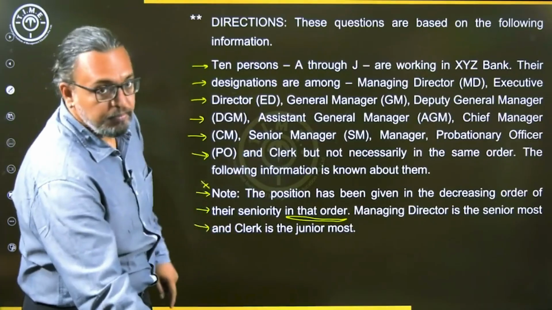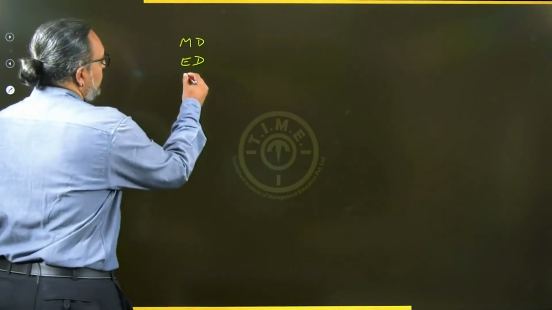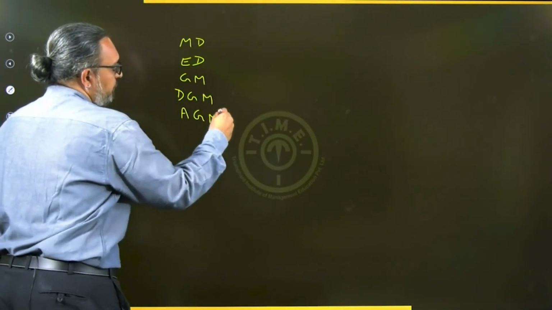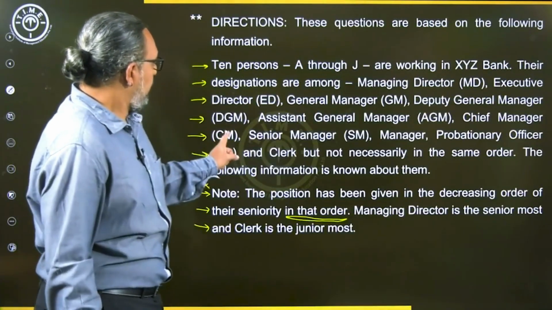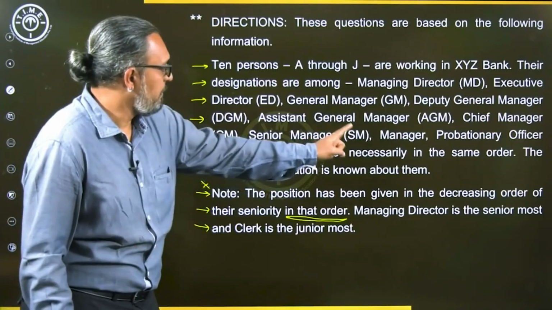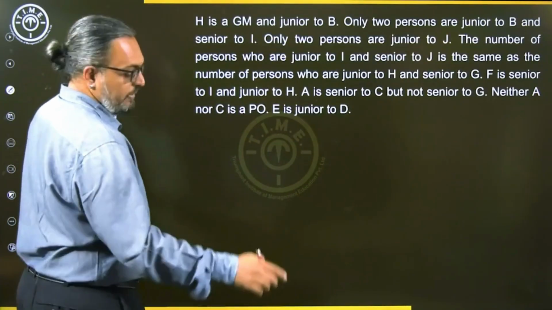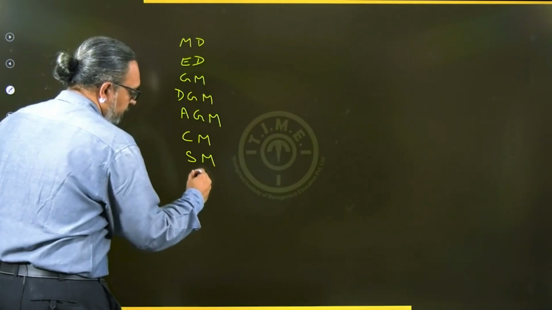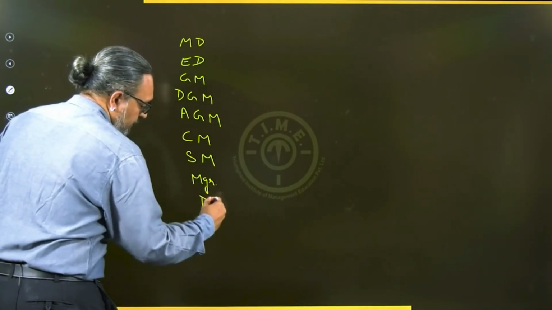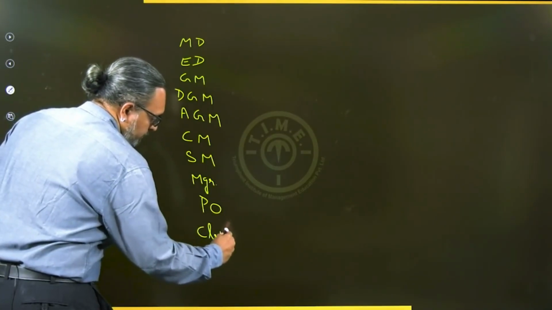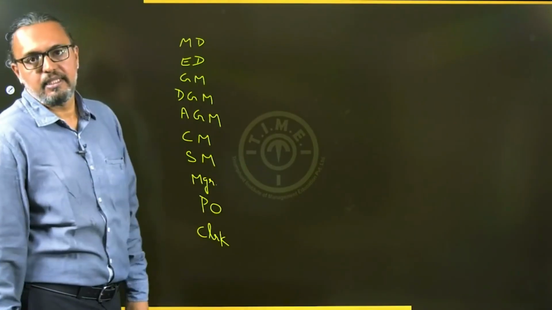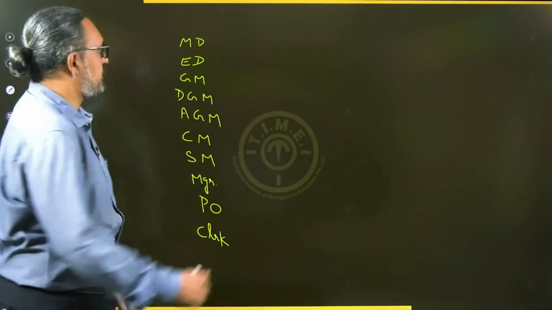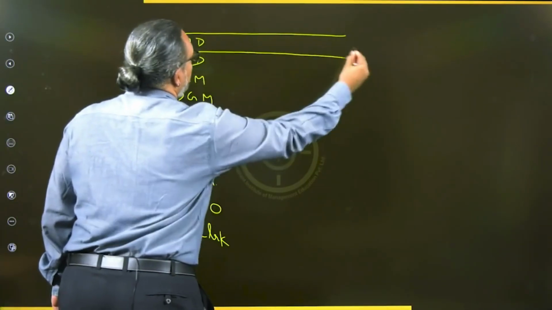Then we have CM, SM, Manager, PO and Clerk. So, these are our 10 designations. And now, based on the given conditions, we can fix the persons according to the given designations.